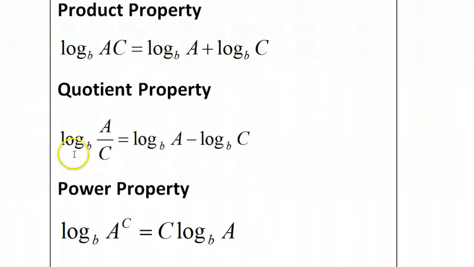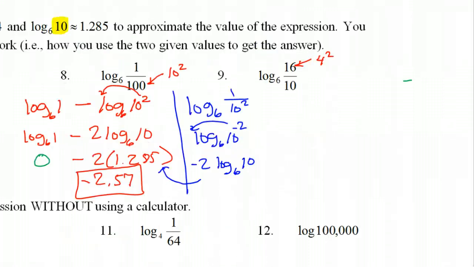Let's go ahead and do the quotient property and write a log minus a log. So this would be the same thing as log base 6 of 16, which is 4 squared, minus log base 6 of 10. Of course, using the power property, I can put this 2 in the front.